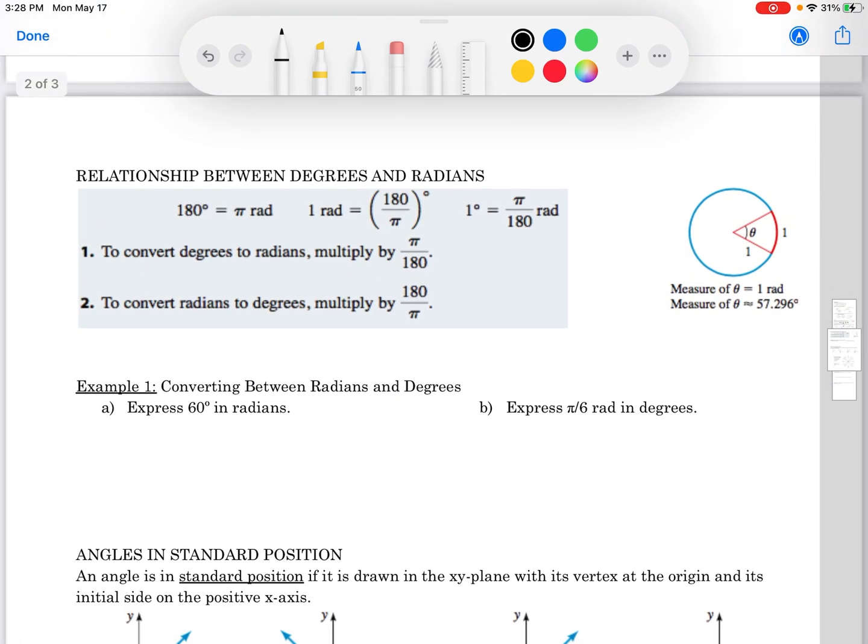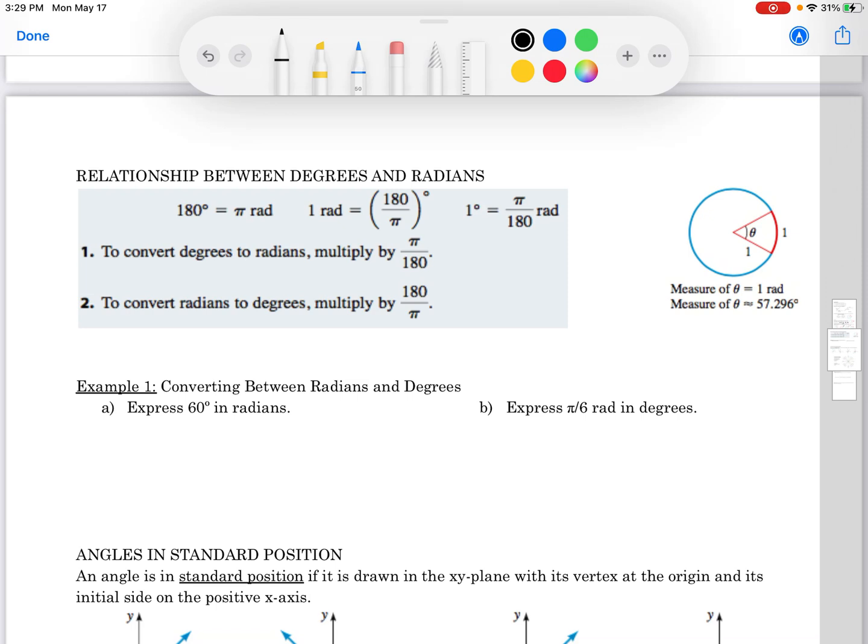We can convert back and forth between degrees and radian, just like you can convert between miles and kilometers, or whatever your measurement is from different systems. So in order to bounce back and forth, what we think about is that half circle. So halfway around the circle is 180 degrees, right? A semicircle is 180. Well, halfway around a circle in radian is pi, because the whole thing's 2 pi.